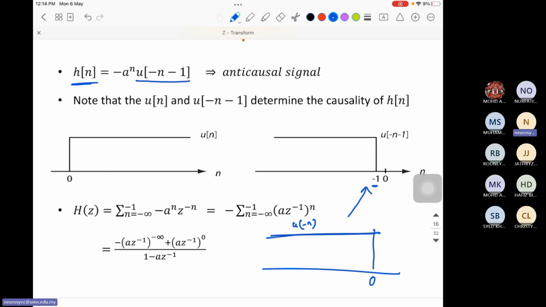For minus 2, minus 3, minus 4, it has value 1, that is, from minus 1 onwards on the left side.